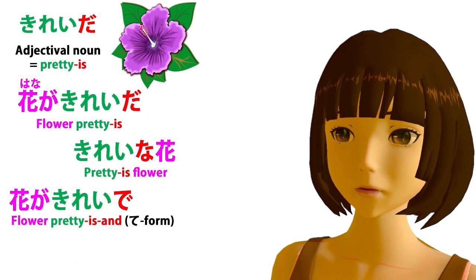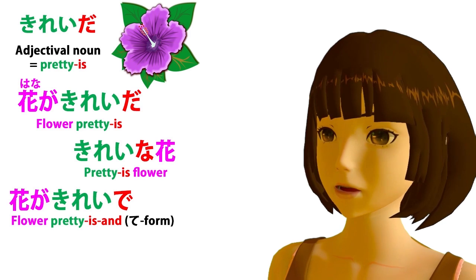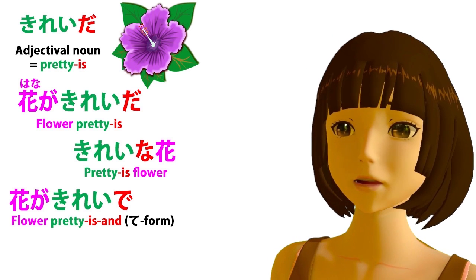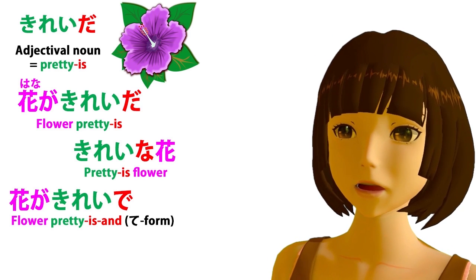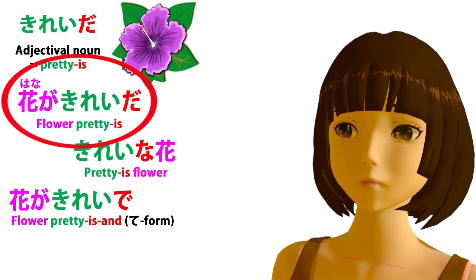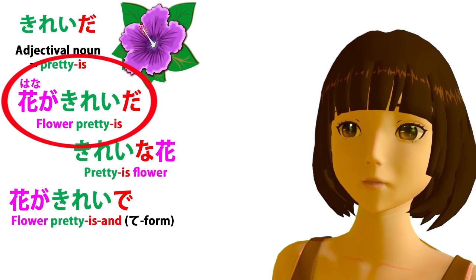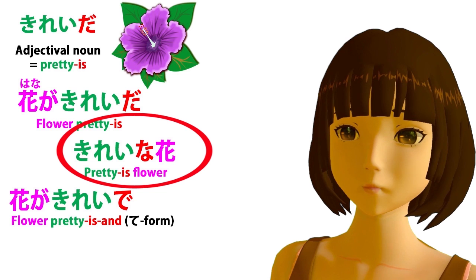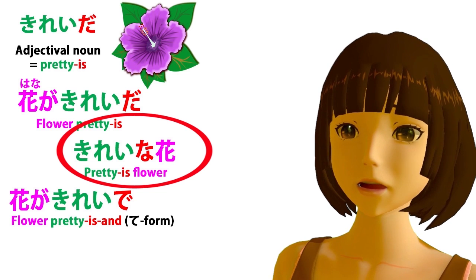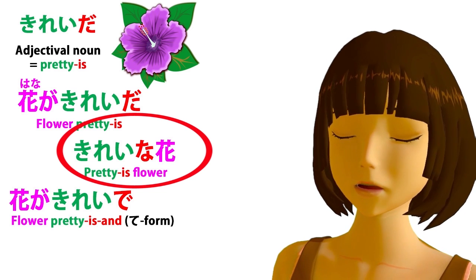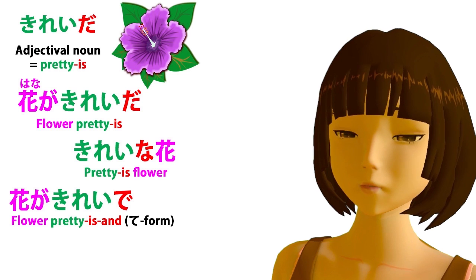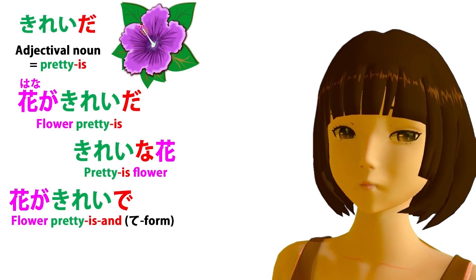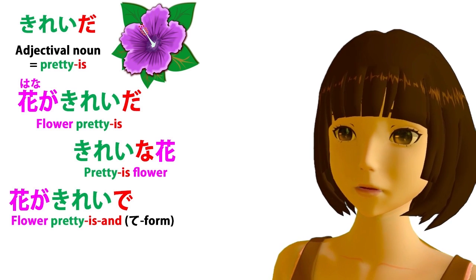Kireida is an adjectival noun. If we want to say the flower is pretty, we say hana ga kireida. And if we want to say the pretty flower, we have to put kireida on the other side of the flower, so we say kirei na hana, and that na, as we know, is the connective form of da.